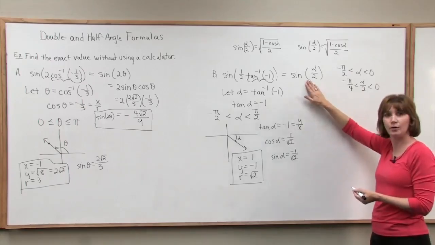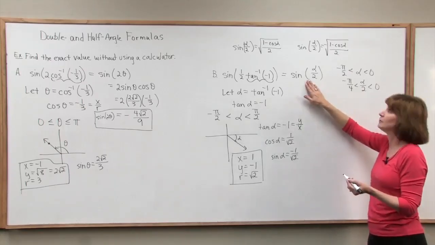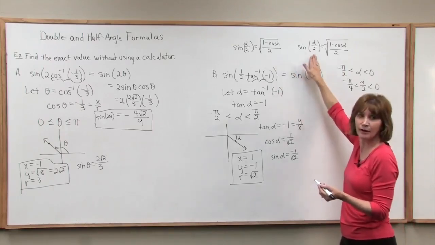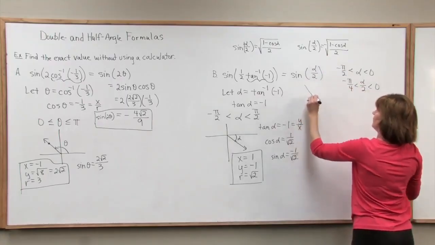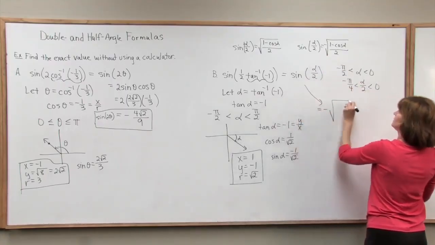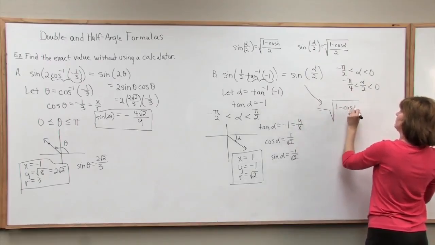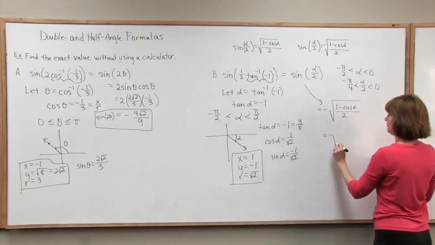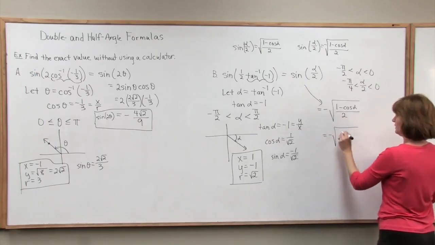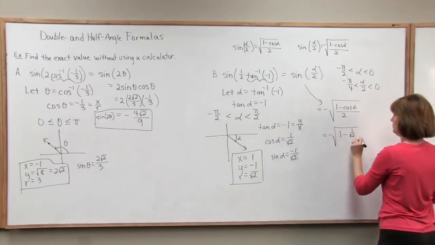And remember, sine in quad 4 is, which one do I use, positive or negative? Quad 4, sine is negative, so I would use this one. Let me write it down here. So it's going to be 1 minus cosine alpha over 2. And again, plug in your value for cosine alpha, which is 1 over the square root of 2.